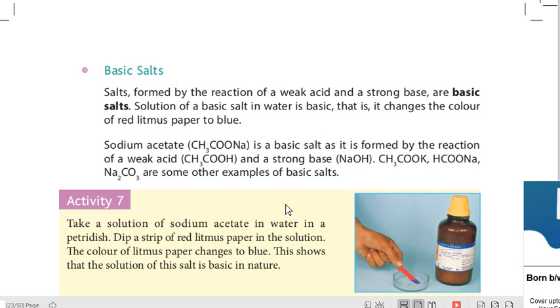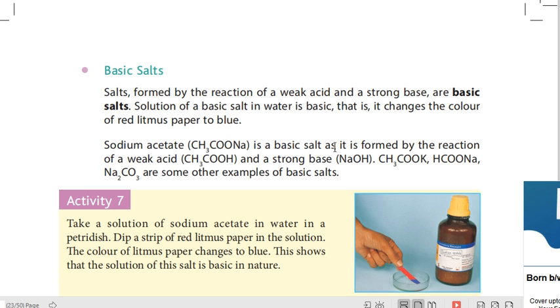Now one more, that is basic salt. Basic salt, as is clear by its name, here a strong base and a weak acid react to form a basic salt.